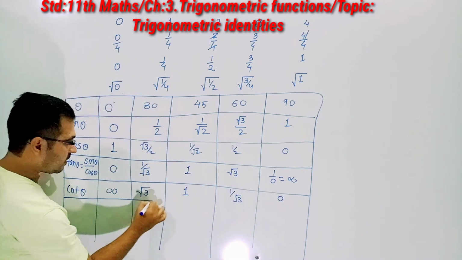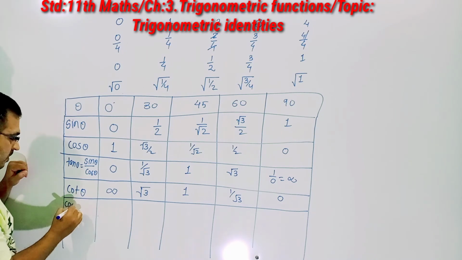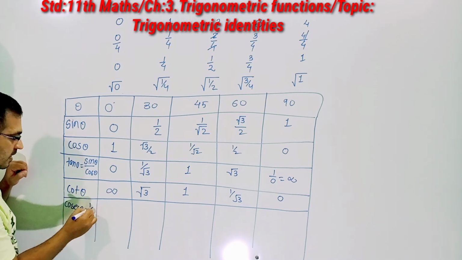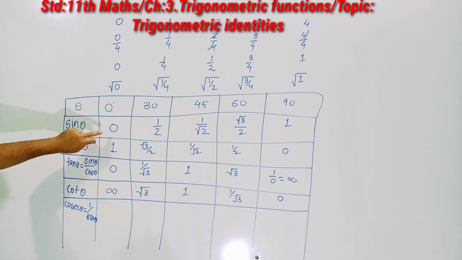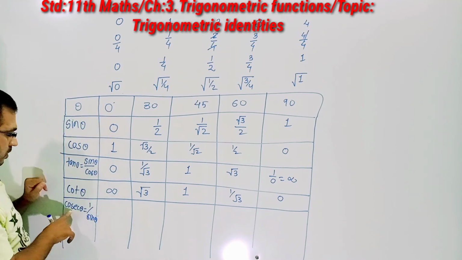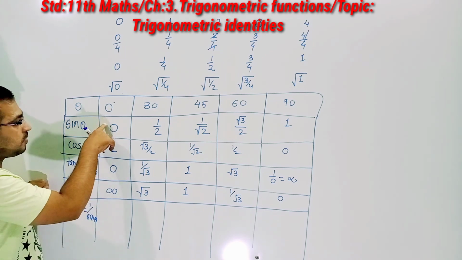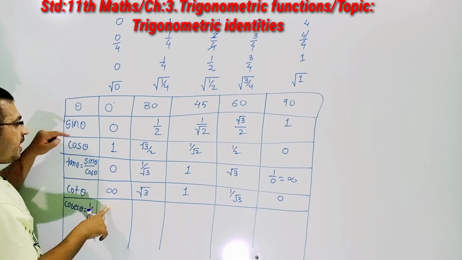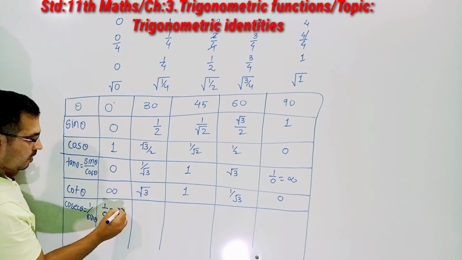Okay, students. Now cosec theta. We know that cosec theta is the reciprocal of sin theta. So you will have to write the inverse of all these elements, right? So cosec theta is equal to 1 upon sin theta. So there will be 1 upon 0. If you get 1 upon 0, so 1 upon 0 will be what?